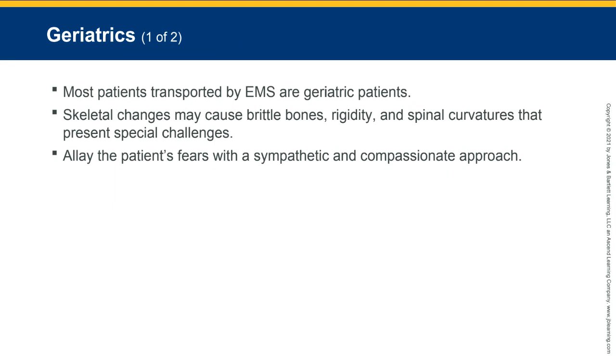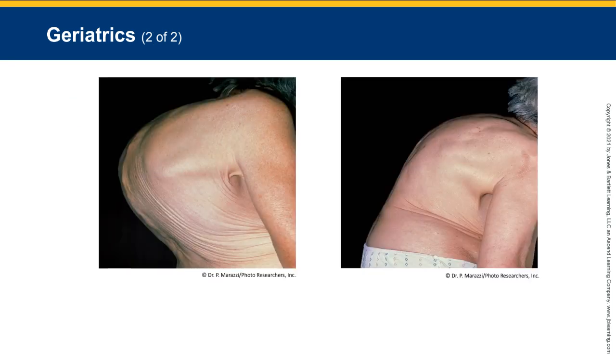Now, geriatrics. Most patients transported by EMS are geriatric patients. Skeletal changes may cause brittle bones, rigidity, and spinal curvatures that present special challenges. Allay the patient's fears with a sympathetic and compassionate approach. Some patients may have abnormal curvature of the spine, kyphosis, and lordosis.